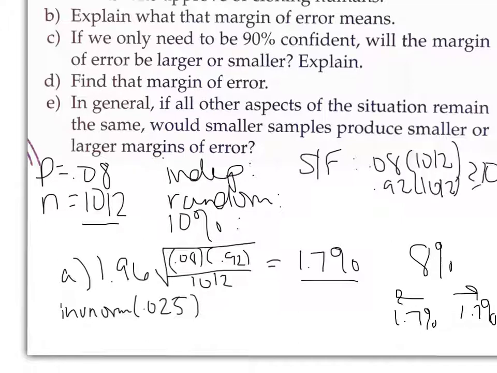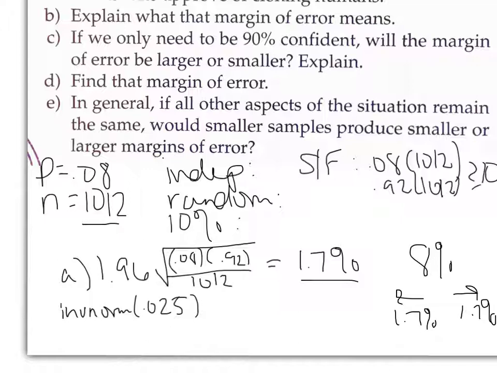So I am 95% confident that the true proportion of adults who approve of attempts to clone a human will be within 1.7% of my sample of 8%. Whether it be below or above, I don't know, but it'll be somewhere within 1.7%, top or bottom.